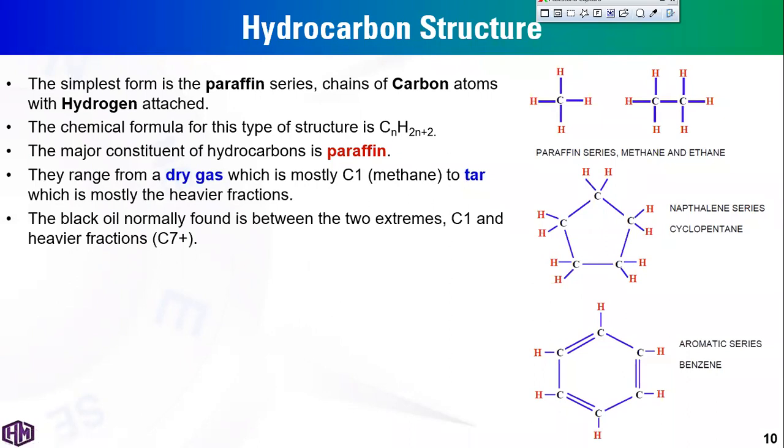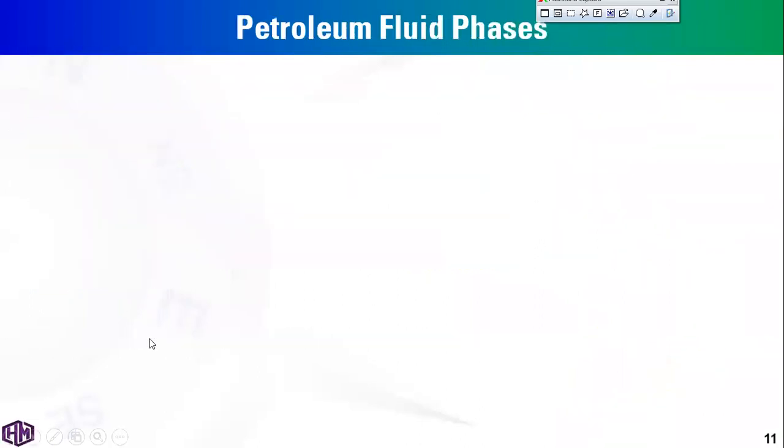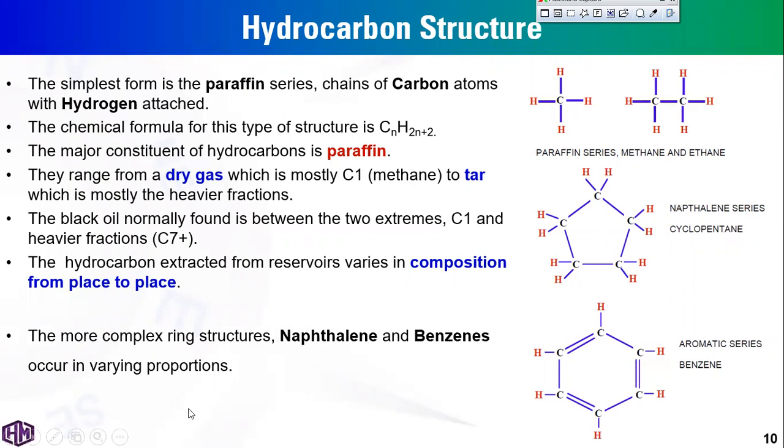Based on the composition of the fluid and the structure of this paraffin series, we have different types of hydrocarbons, from dry gas up to heavy oil or even tar, based on the fluid composition in terms of C1 up to C7 plus, the heavier components of the system. There are also more complex structures like naphthalenes or benzenes, which are other structures of hydrocarbons.